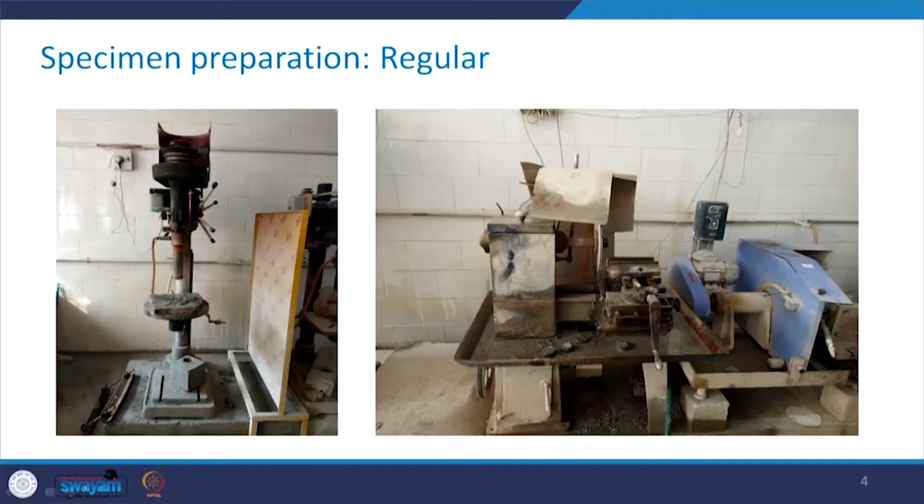Then you can use a lathe machine which utilizes a coring bit. Okay, see here, these are the two pictures of the machinery that we have in our lab here at IIT Roorkee. So if you just have a look here, this is a small block that has been cut from a large block of the rock. And then this is placed here at this platform. And then here you see that this is the drill bit.